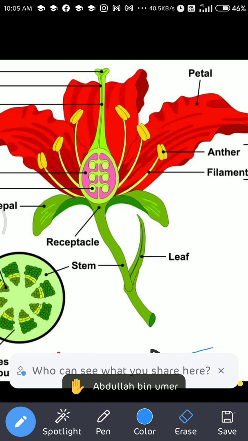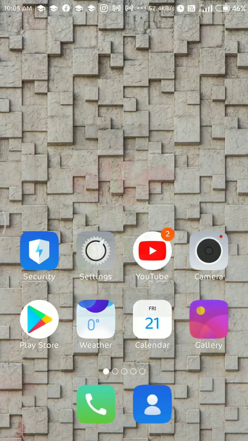So this androecium is a collection of stamens. Androecium is a collection of stamens. So now tell me, what is androecium?